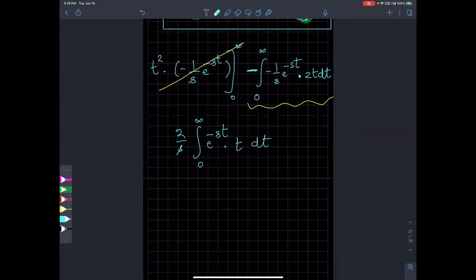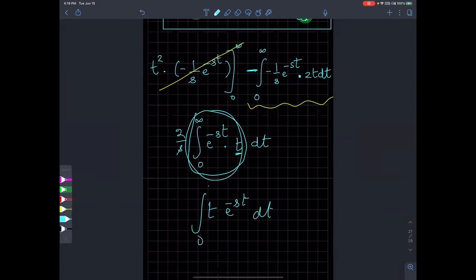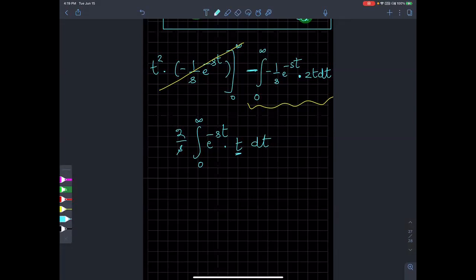This should be a familiar form, which is the Laplace transform of t. Remember, this is the definition of the Laplace transform, the integral of e to the minus st dt from 0 to infinity. Now what we know is that this is 2 by s times the Laplace transform of t.